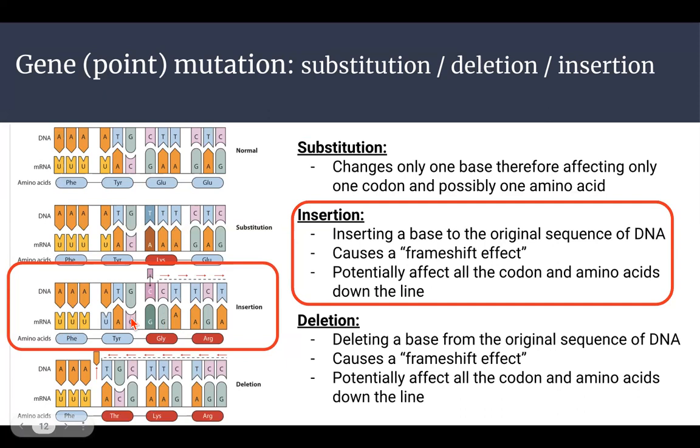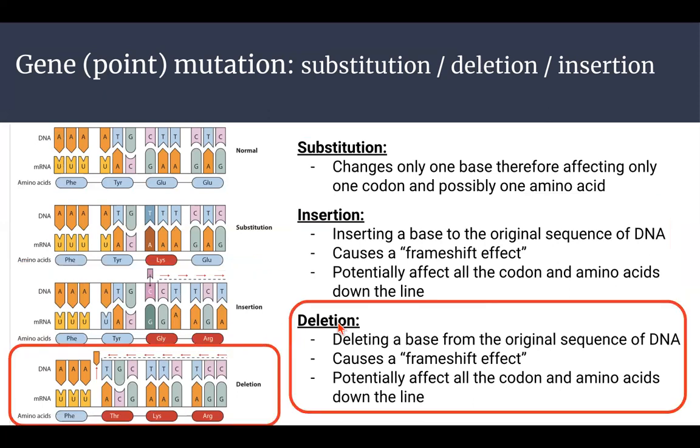And so this one goes along and produces what we call a frame shift effect. Everything downstream from that insertion is wrong. You can see this amino acid has been changed. This amino acid has also been changed.